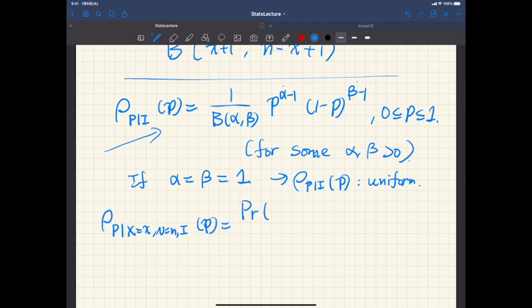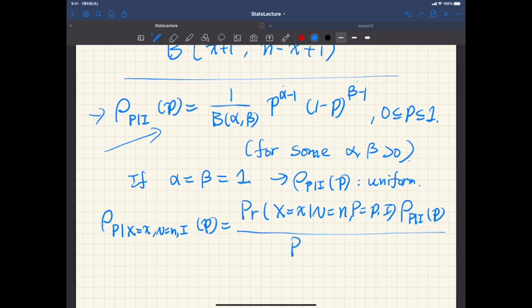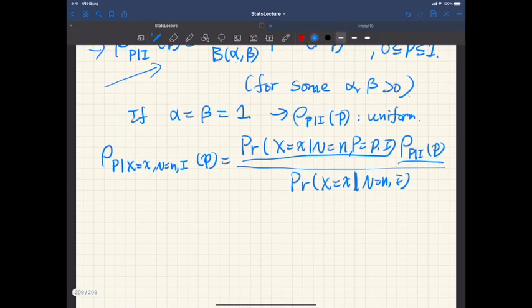So the probability of p given n equals n, and the prior rho of p given I, divided by the probability of x given n and I. If you plug in the binomial distribution and the beta distribution here, then ignoring the proportionality constant, we have p to the power of x plus alpha minus 1, times 1 minus p to the power of n minus x plus beta minus 1.